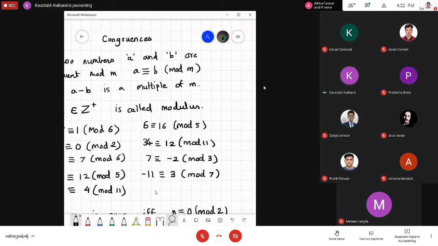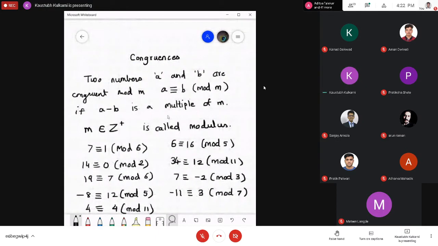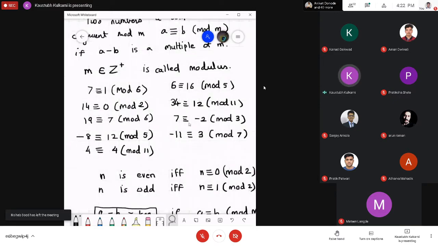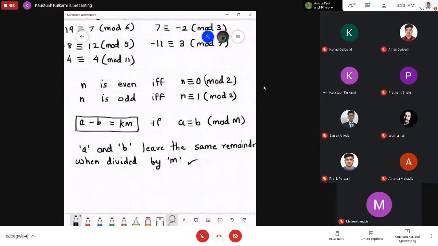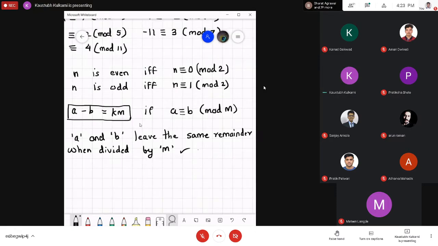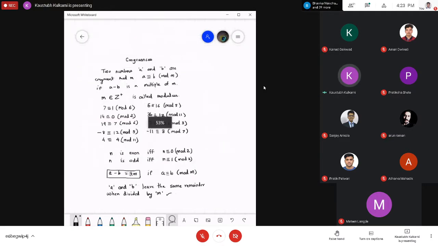The definition of congruence is that A is congruent to B mod M if A minus B is a multiple of M. When we say is a multiple of M, then k is the factor that we are talking of. So this is the mathematical way of saying the sentence that A minus B is a multiple of M. And the second part is A and B leave the same remainder when divided by M.